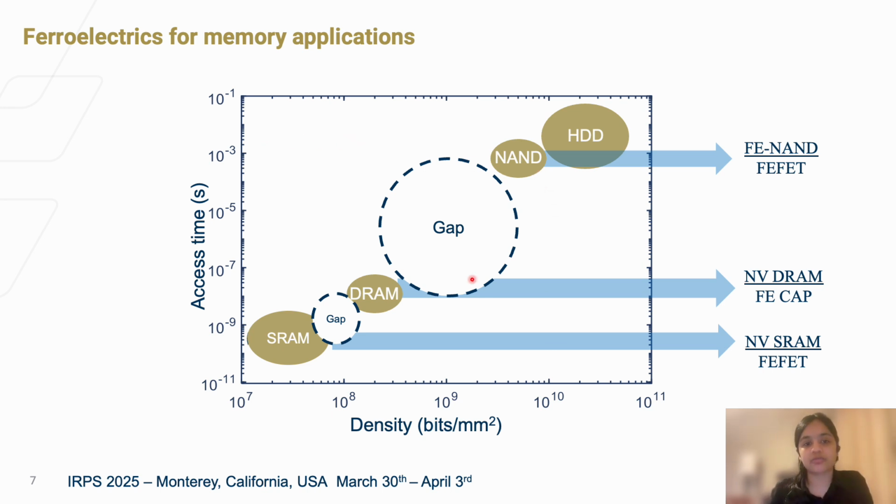In this memory spectrum, there are gaps, and emerging memory technologies like ferroelectric field effect transistors or ferroelectric capacitors can bridge these gaps and help enable better compute. Ferroelectric FETs provide FE NAND type solutions and non-volatile SRAM type solutions. We also have ferroelectrics in the form of capacitors as non-volatile DRAM type applications.